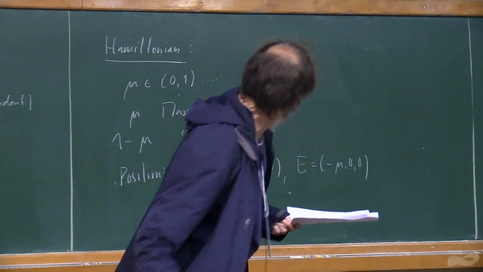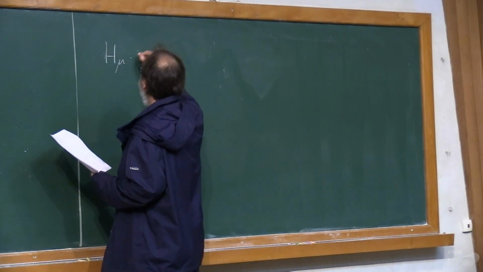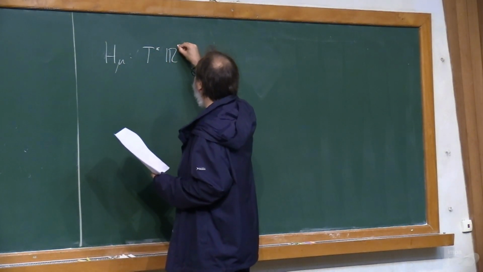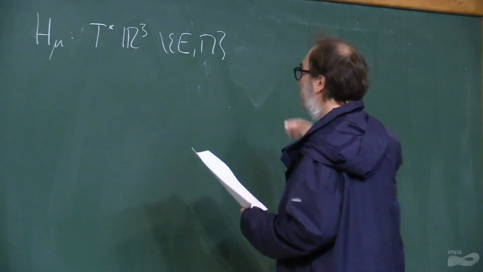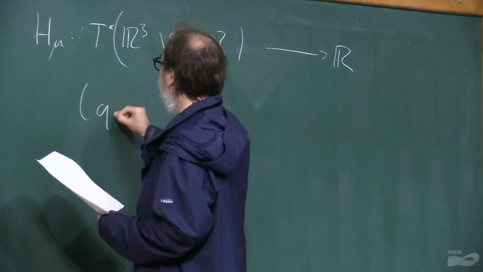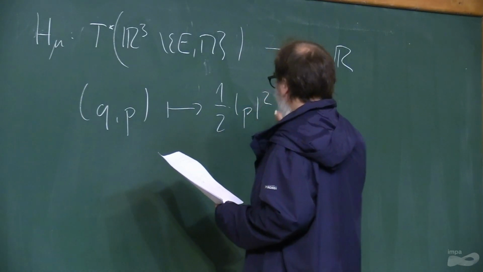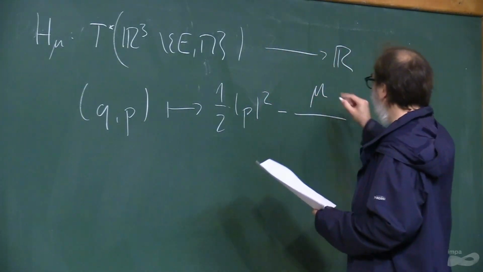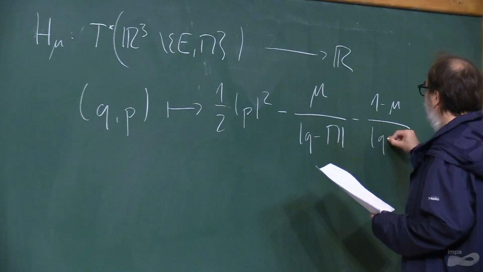And then we have the Hamiltonian H_mu from the cotangent bundle of R^3, where we remove collisions with the Earth and the Moon, to R. With q the position and p the momentum, it goes to the kinetic energy, then the potential energy: minus the mass of the Moon divided by the distance to the Moon, minus the mass of the Earth divided by the distance to the Earth.